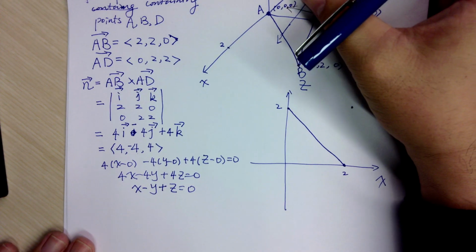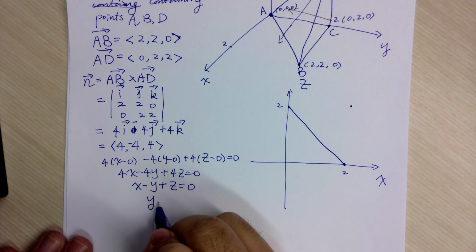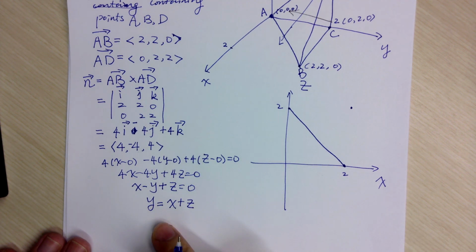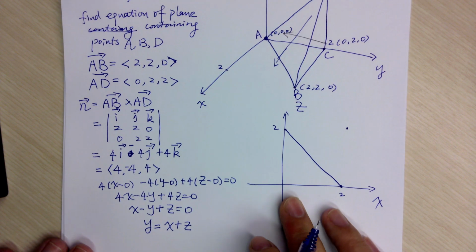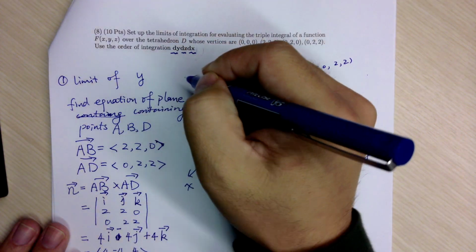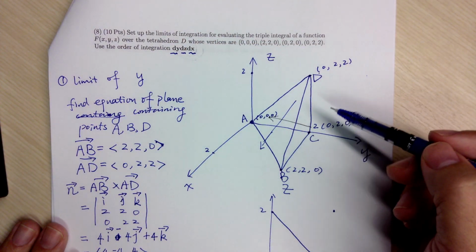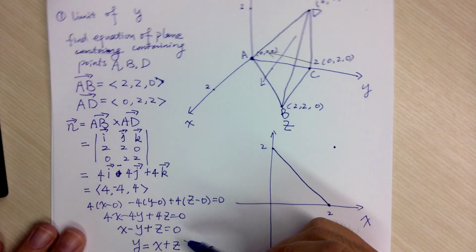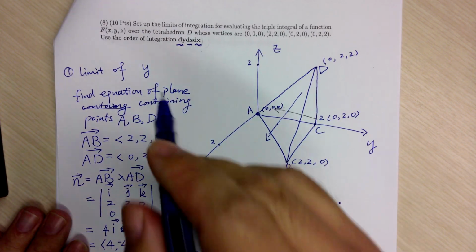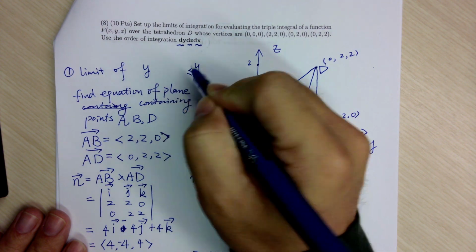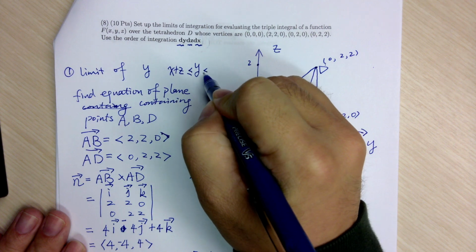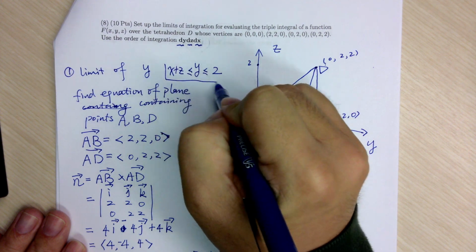We can solve y in terms of x and z: y equals x plus z. So our limit for y is bounded below by x plus z and bounded above by 2.